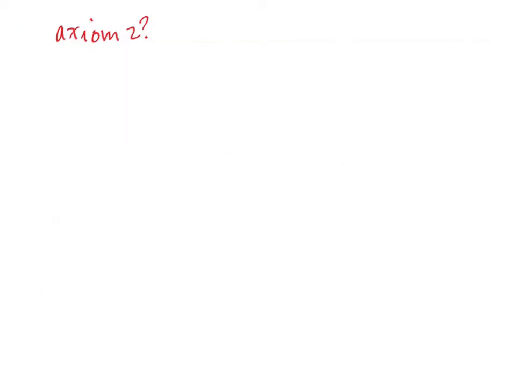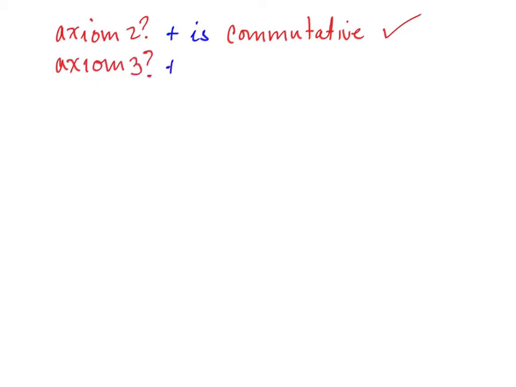Let's look at the second axiom. That's commutativity of addition. We already know this addition is commutative because addition in the vector space R3 is commutative. And the same thing is true for the associativity property of addition of ordered triples.